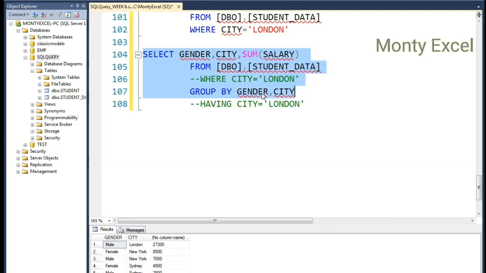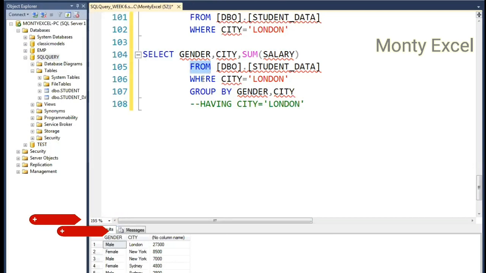Okay. So now if I want to see only London, what would I have done? I used the where condition, but where to use the where condition? It's only after the from. While writing the query, first I'll write select, then I'll use from, then I'll use the where, then I'll use the group by, then I'll use the having, then I'll use order by.